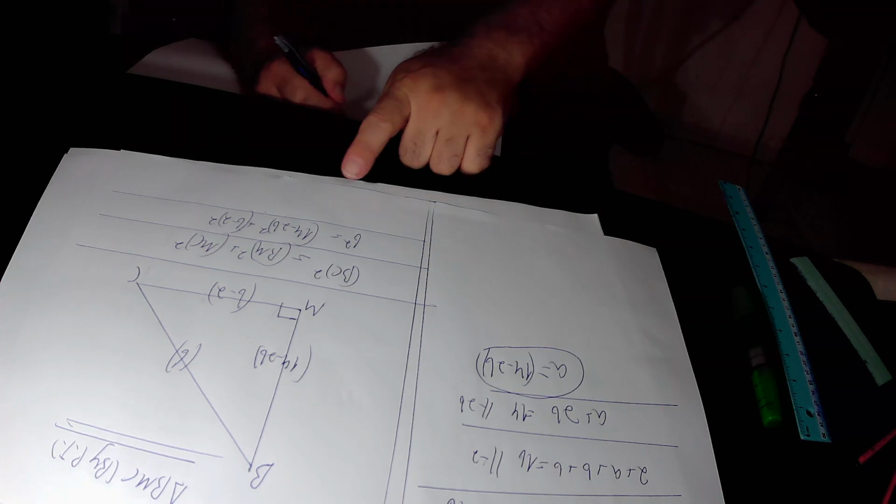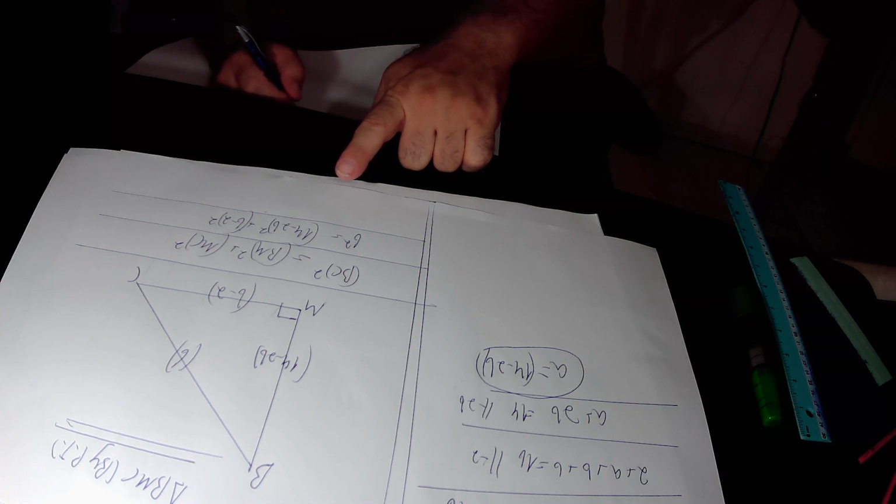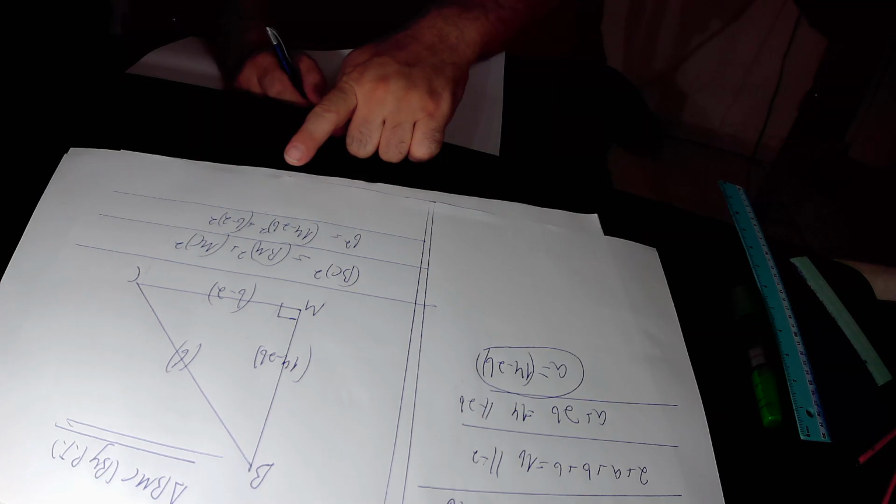Minus 2 times 14 is minus 28 times 2B. Minus 28 times 2B is minus 56B. And we have also plus (B minus 2) squared. (B minus 2) squared equals B squared plus 2 squared, that is 4, minus 2 times B times 2, which is minus 4B.